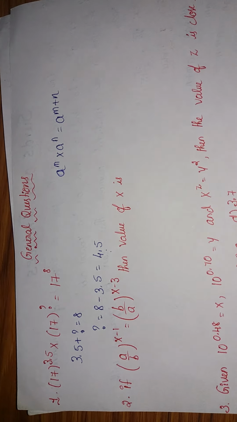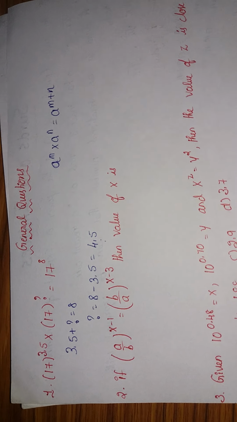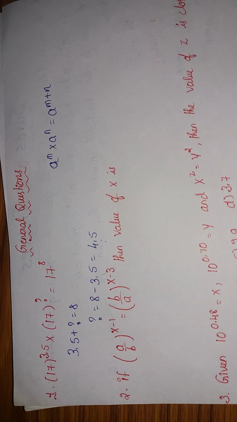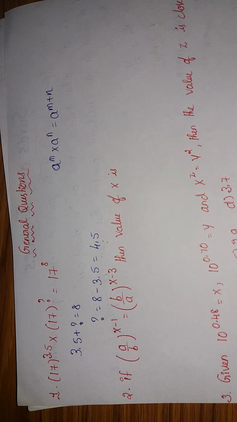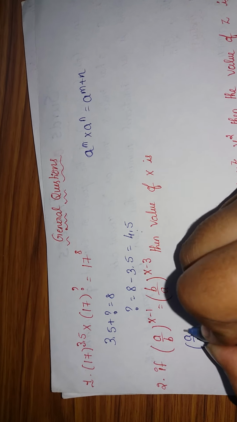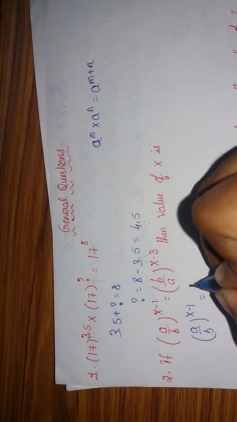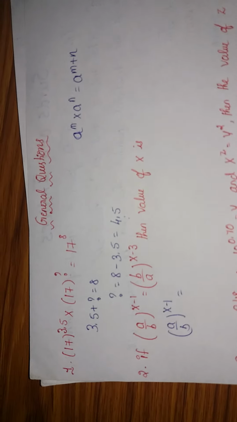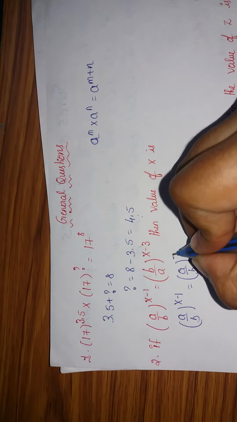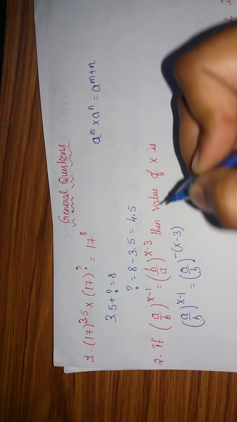Next question. If (a by b) power x minus 1 is equal to (b by a) power x minus 3, then find the value of x. The same way, (a by b) power minus 1: when these two numerals are exchanged, then we get a negative sign, (a by b) power minus of (x minus 3).